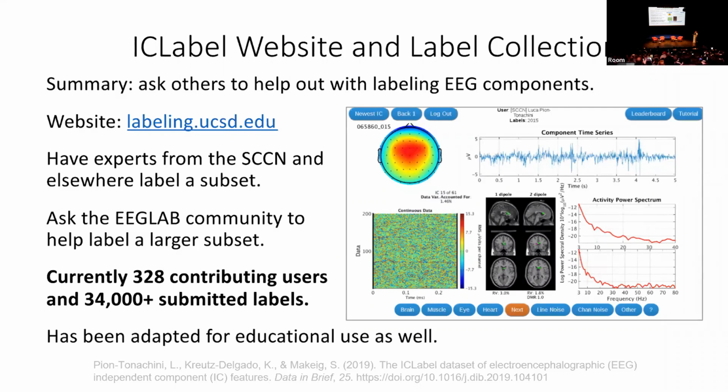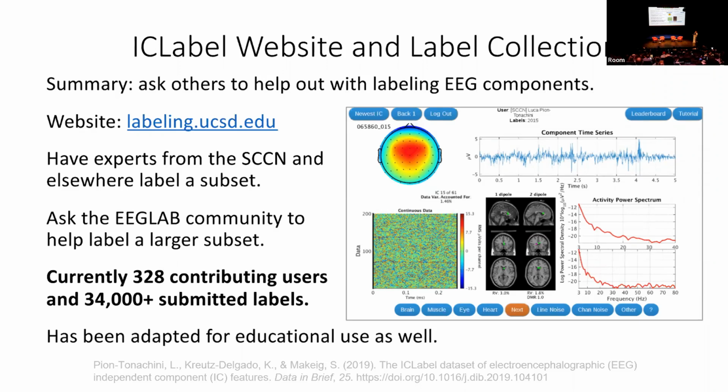In EEGLAB, there is a new method, ICLabel, which classifies components into brain components, muscle components, eye components, heart components, I think, and then there are others, and channel noise. And it's really quite reliable, so it's working really well.